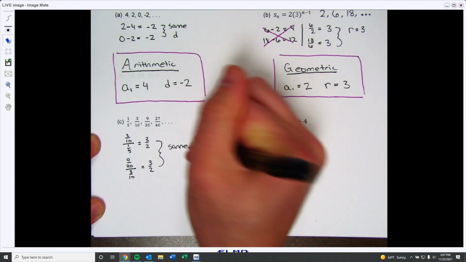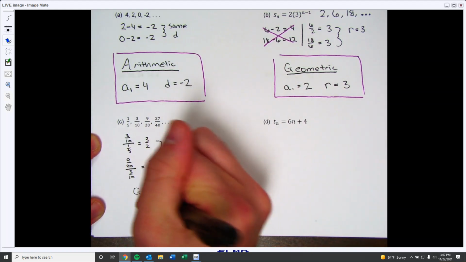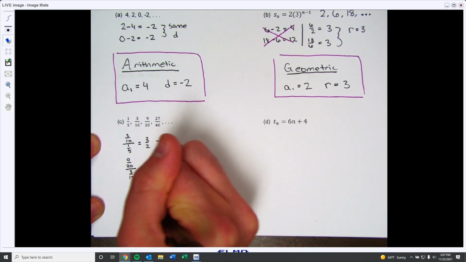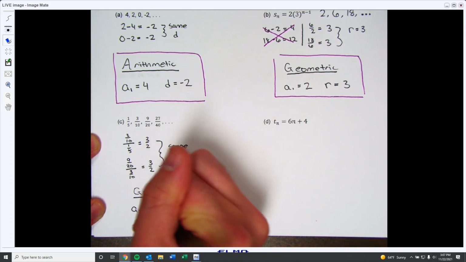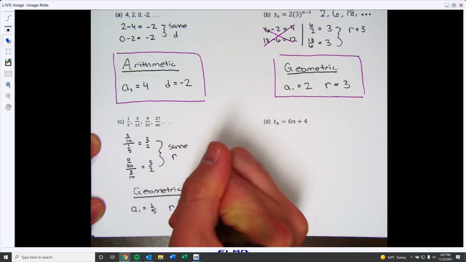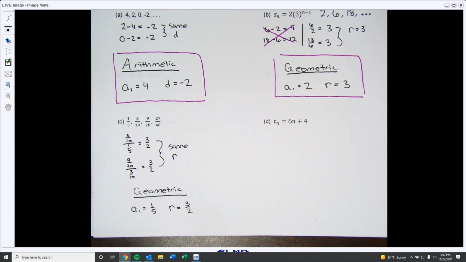So since it is the same whenever we did this, we know r is going to be 3 over 2. Therefore, this one is geometric. Our first term is 1/5, and our common ratio is 3 over 2. And that's all you got to do.